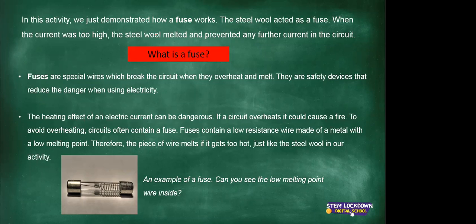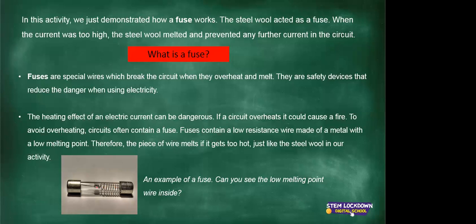So fuses contain a low resistance wire made of metal with a low melting point. Therefore, the piece of wire melts if it gets too hot, just like the steel wool in your activity. So if you look here at the picture, you will see this metal and it's coiled because it basically increases the length.